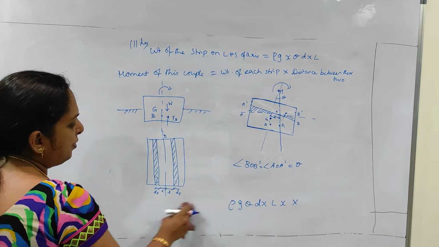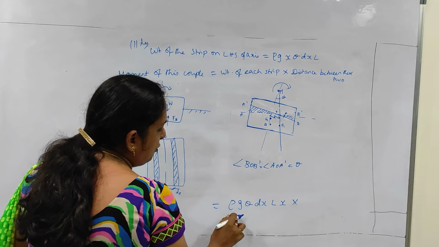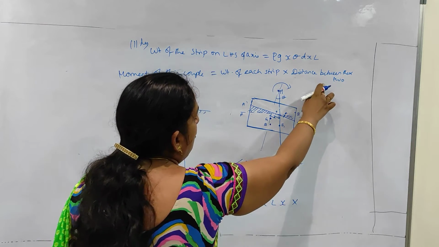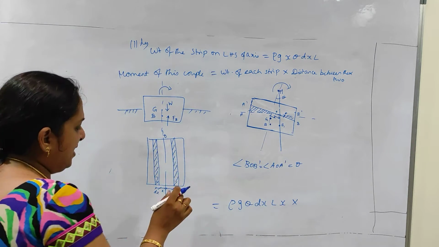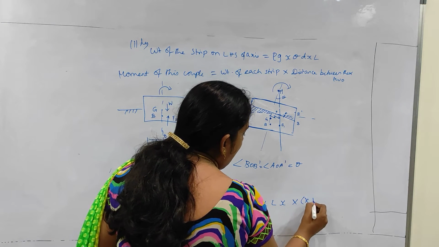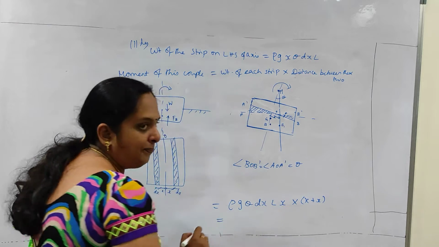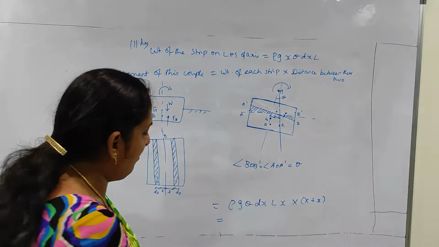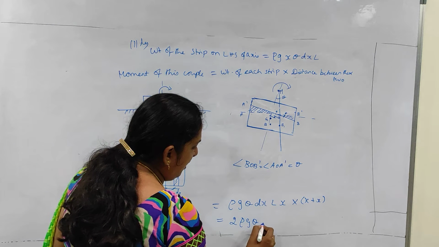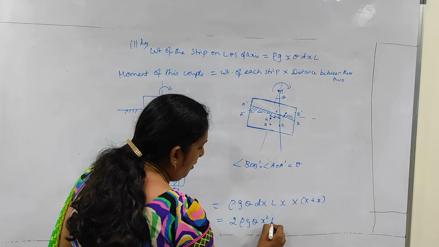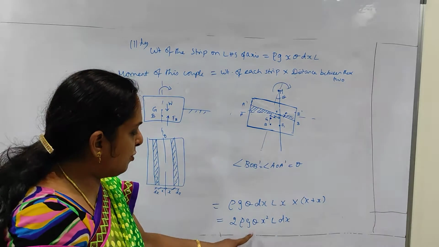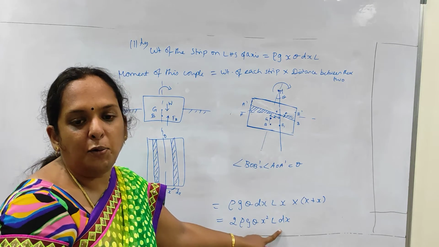So the moment is equal to this: weight of each strip, rho g theta into x into dx into L, into the distance between the two. The distance is x meters on this side and x meters on the other, so it is x plus x, which is 2x. So what will be my final equation? 2 into rho into g into theta into x square into L into dx. Right? So 2 rho g x square theta L dx.